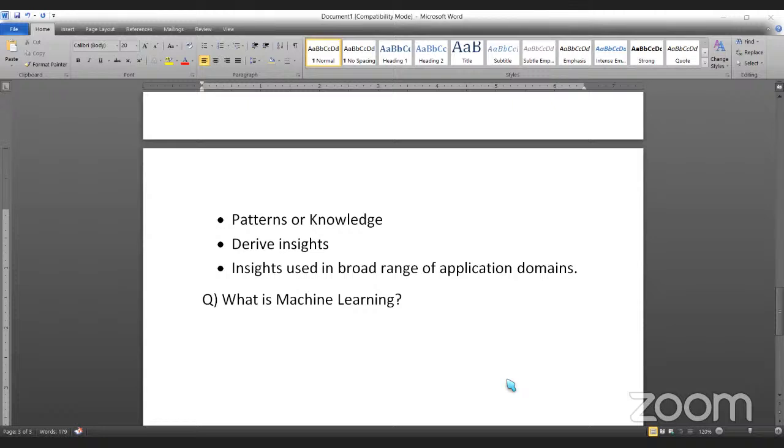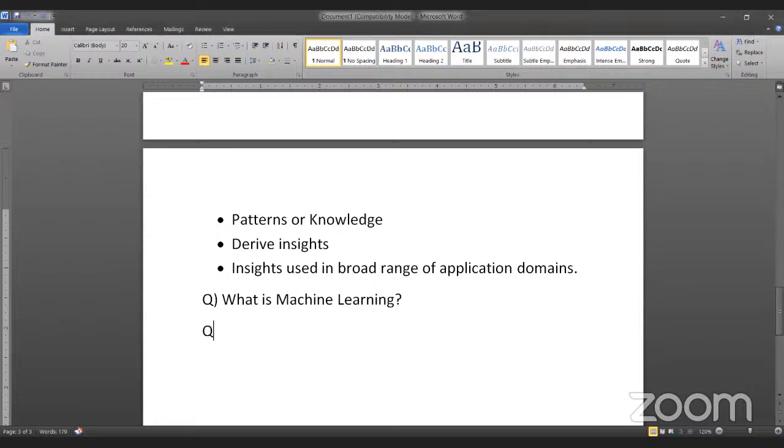With very little programming, it gives the computer the ability to learn. Machine learning is also a subset of artificial intelligence. It allows machines to learn from their experiences with no coding or minimal coding.